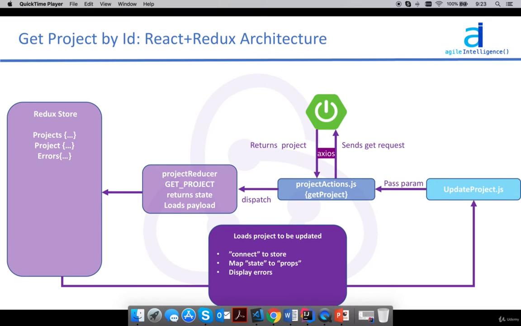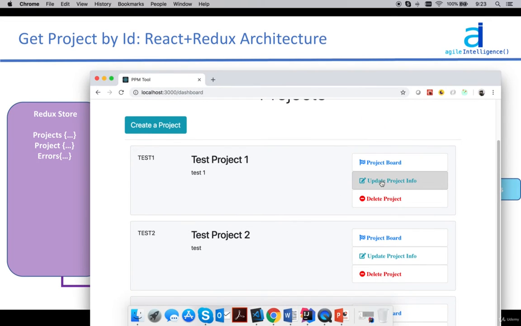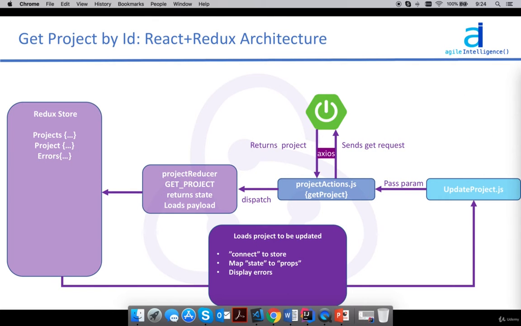When we click on the update project info, this is going to have a parameter, and that parameter is going to be the project identifier. It's going to pass that project identifier to the form, and the form, when it mounts, is going to call the get project action and pass it that parameter.